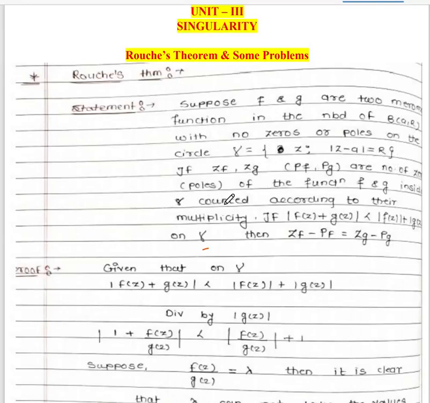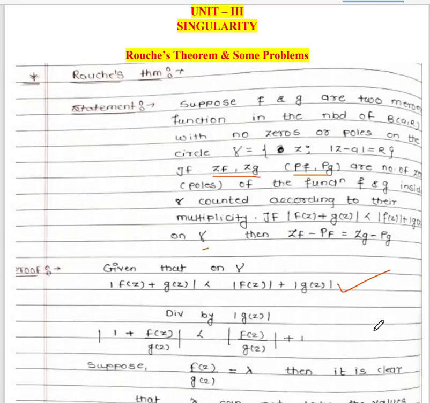If Zf and Zg are the number of zeros, and Pf and Pg are the number of poles of the functions f and g inside the circle gamma counted according to their multiplicity, that means we are given mod f of z plus g of z less than mod f of z plus mod g of z, which is the given condition in your statement.